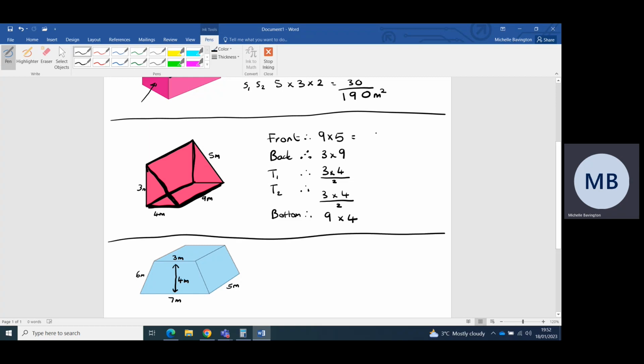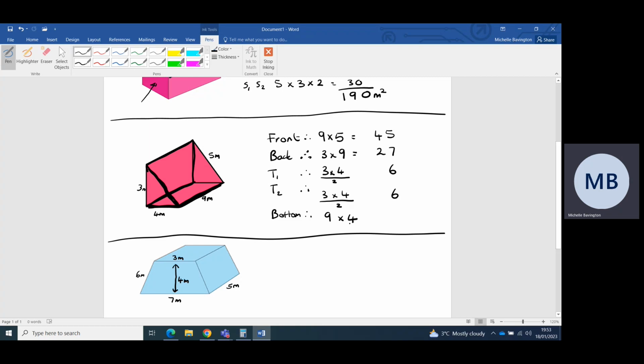So 9 times 5 is 45. 3 times 9 is 27. 3 times 4 is 12, divided by 2 is 6. And 3 times 4 divided by 2 is 6.